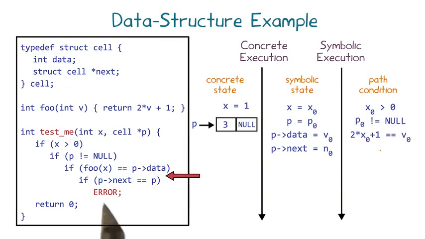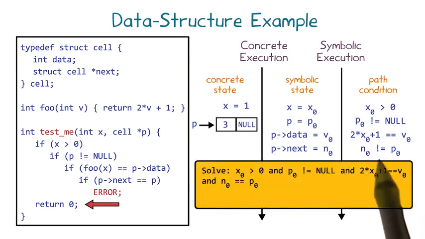Eventually, the fourth condition p.next equals p evaluates to false. So the symbolic constraint n0 does not equal p0 is added to the path condition. Negating the most recently added constraint, the solver then attempts to construct inputs satisfying the constraints that x0 is greater than 0, p0 does not equal null, 2 times x0 plus 1 equals v0, and n0 equals p0.